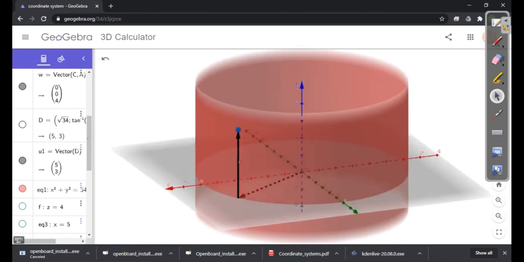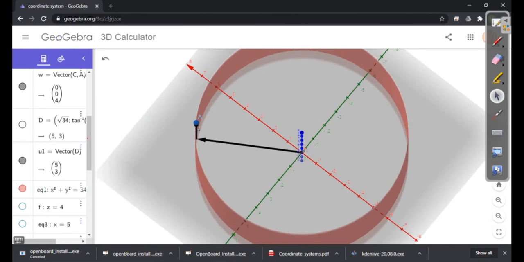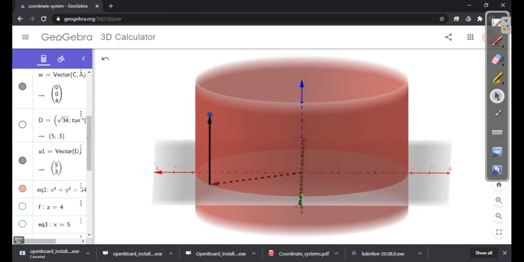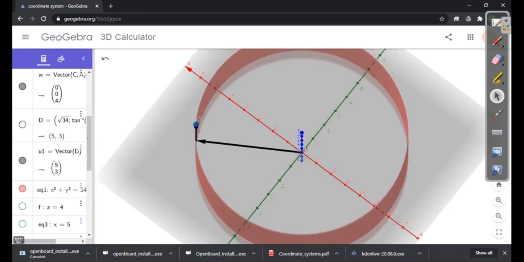So in this one I need three parameters. What are they? The first one is the length which I have to travel, the second one the angle which I have to move, and the third one the height which I have to move up. These three parameters are called: the first one, the length which I want to travel, is represented as rho, and the angle which I have to move is called phi.